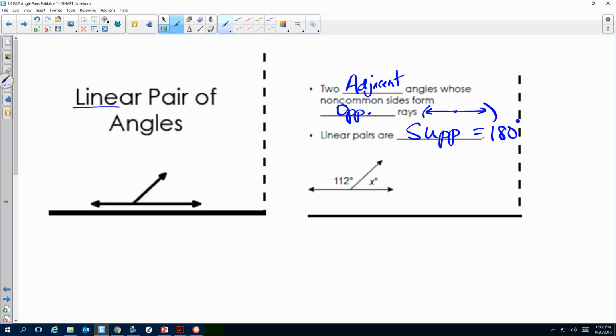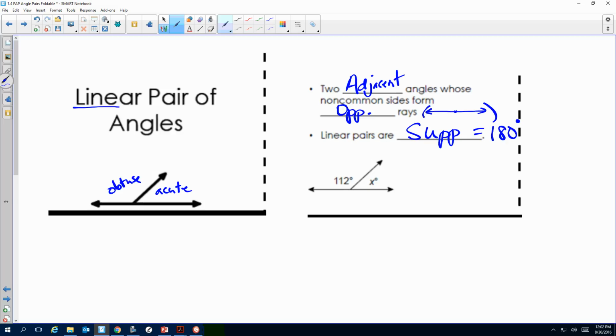Also, in a linear pair, you're always going to have what we call an obtuse angle and an acute angle. Always some type of combination of obtuse and acute. There is a special case. Anyone know the special case of a linear pair that's not obtuse and acute? Right, two right angles. If they're both 90, it would give you 180. Are we okay on that?